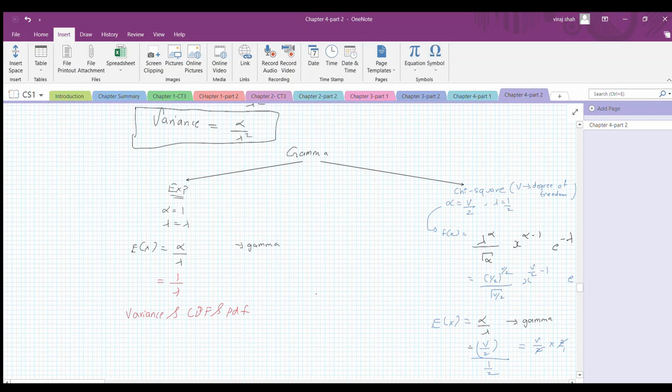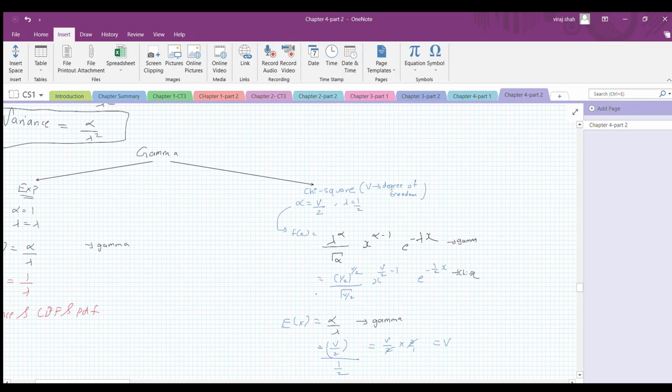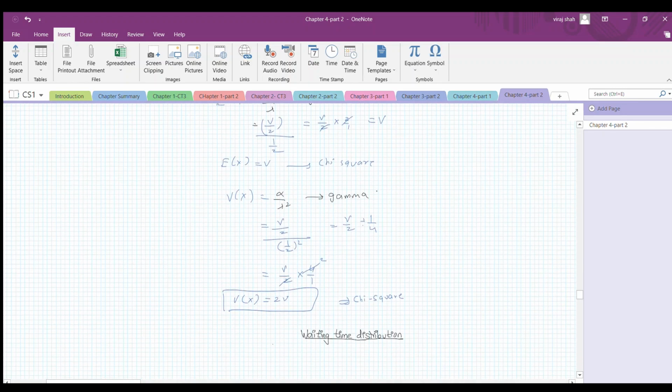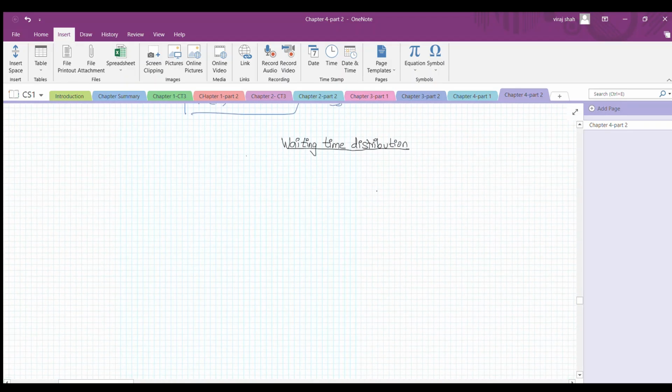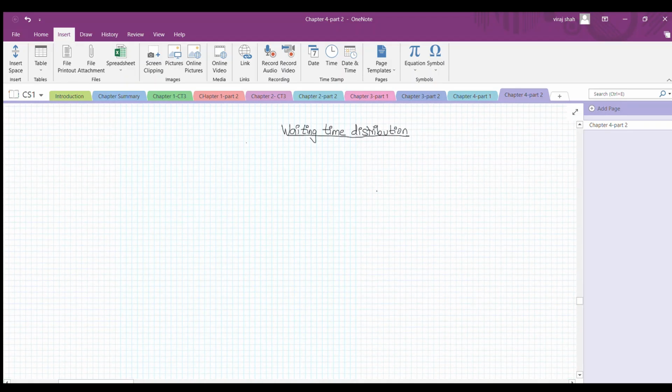Going ahead, we even stated that the gamma distribution is related to the chi-square distribution when alpha is equal to v by 2 and lambda is equal to 1 by 2. So whatever we are doing now is nothing but an extension of what we did in the previous lecture.